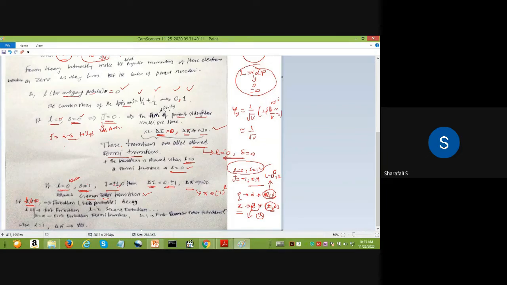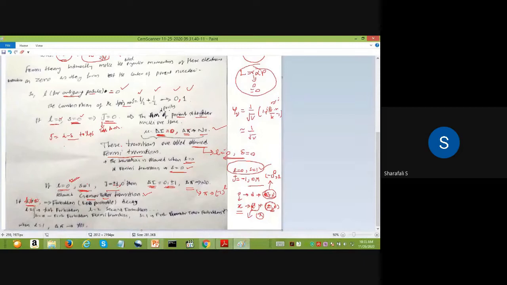If you say that it is allowed, it means that the probability is high that these reactions can happen. But when you consider forbidden, the probability of that kind of reactions is very small. So forbidden reactions are associated with L not equal to 0, and these are forbidden decay processes, which means that they have a very low chance to occur.